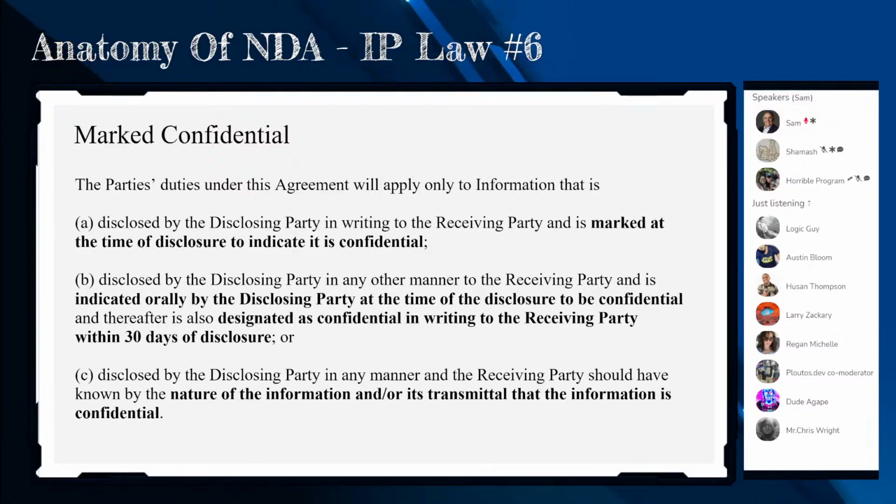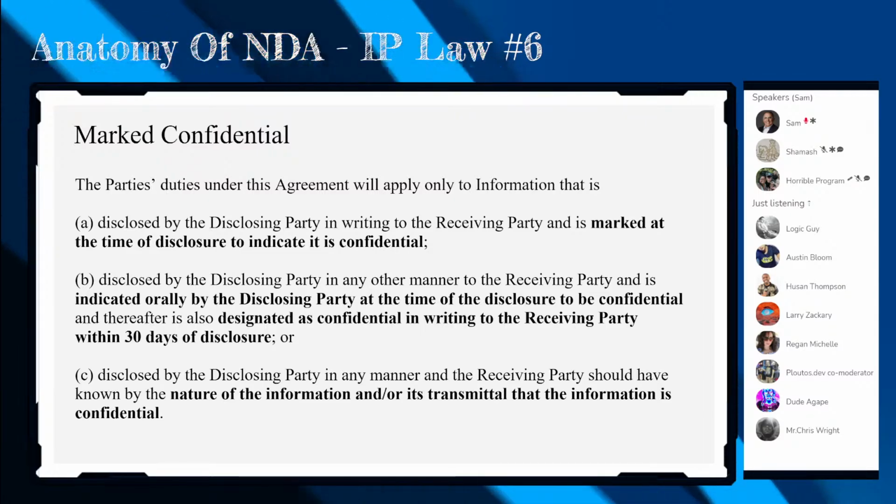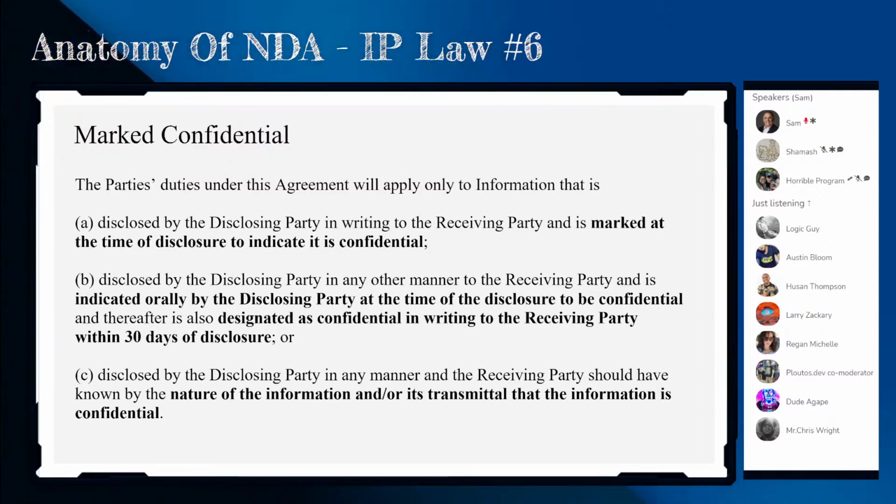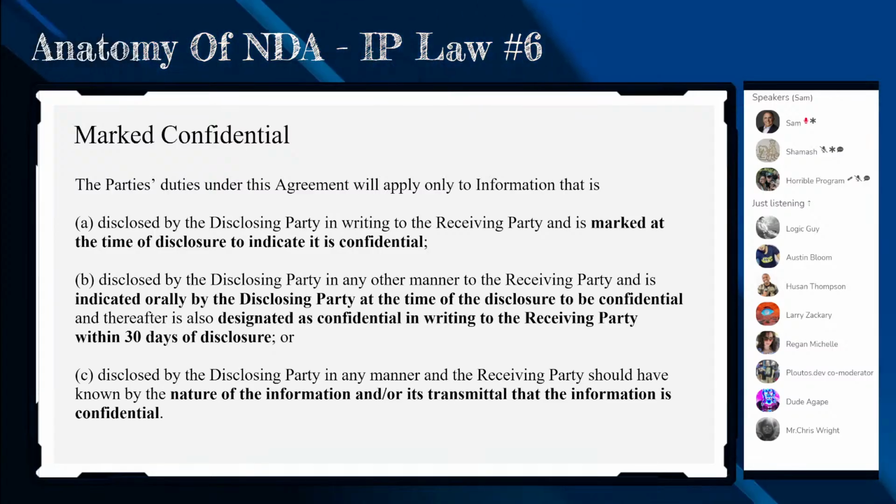Disclosed by them, so indicated orally by the disclosing party at the time of disclosure, or within 30 days identified as confidential. So if the paper is not marked confidential, as you're handing them over, you say, hey, by the way, all the stuff that I'm giving you now is confidential, that works.